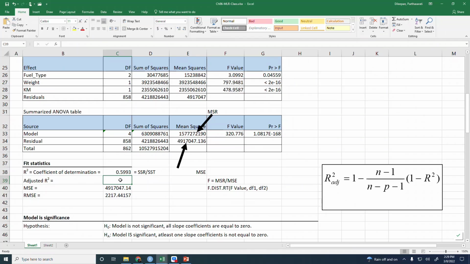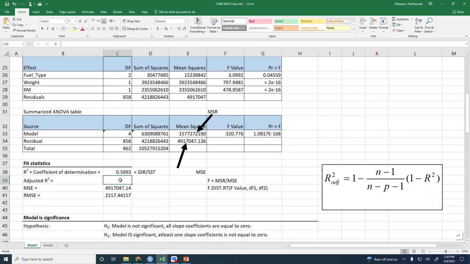Now we have another thing called adjusted R squared. The nature of the mathematical computation is such that if you add more variables into the model, so now we have only 4 variables, put 1 more, put 10 more, the SSR will never go down.